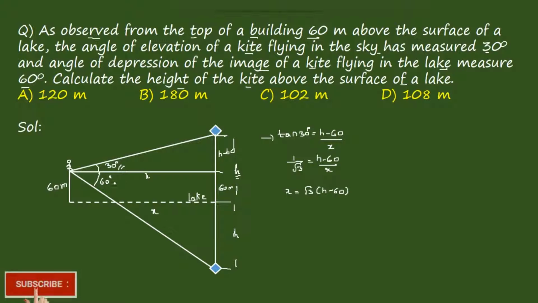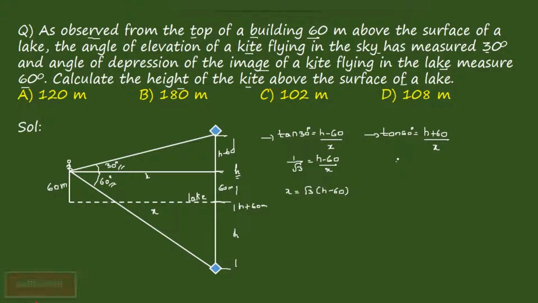If you consider 60 degrees, then tan 60 degrees is equal to perpendicular by base. Here the perpendicular is h plus 60 meters. So it is h plus 60 by base x.